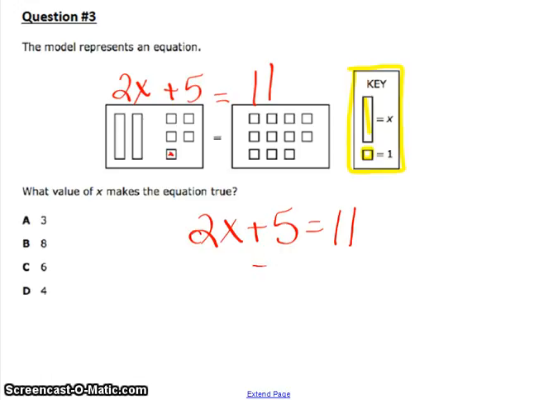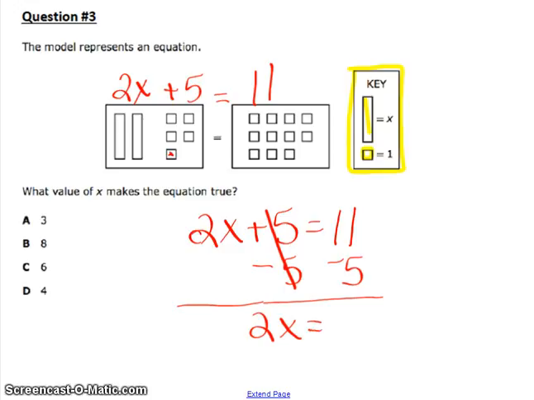So that means that I need to subtract 5 from both sides. When I do that, the 5's cancel. I'm left with the 2x is equal. I have a positive 11 and a negative 5, so that is a subtraction problem. It gives me a 6, and since the positive 11 was greater, that means that my 6 is positive.